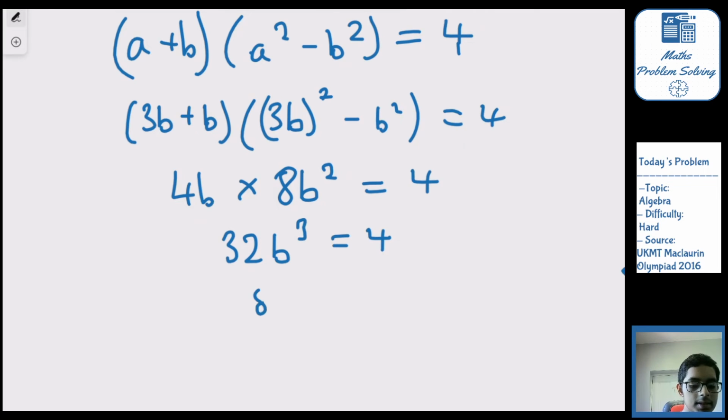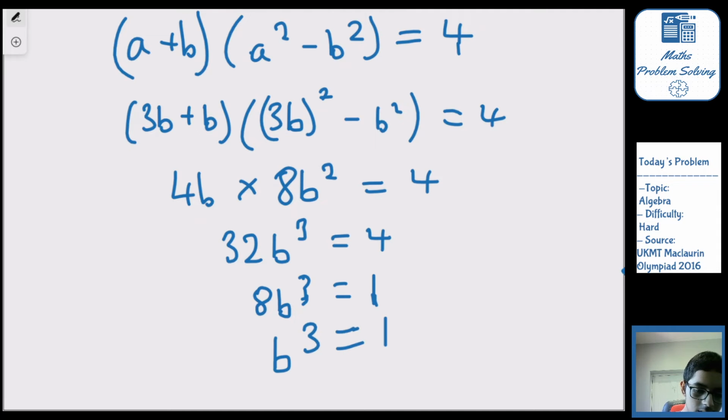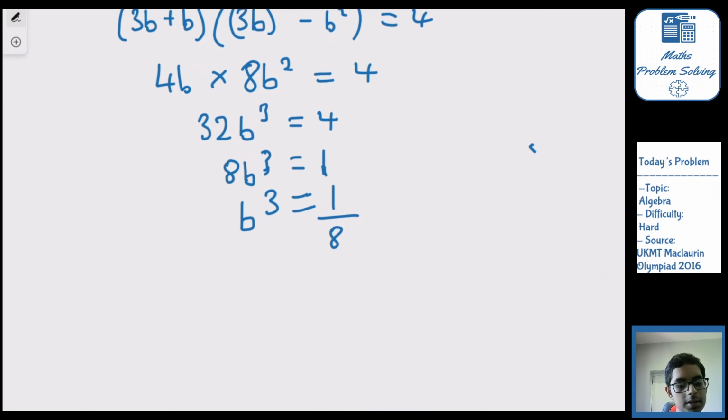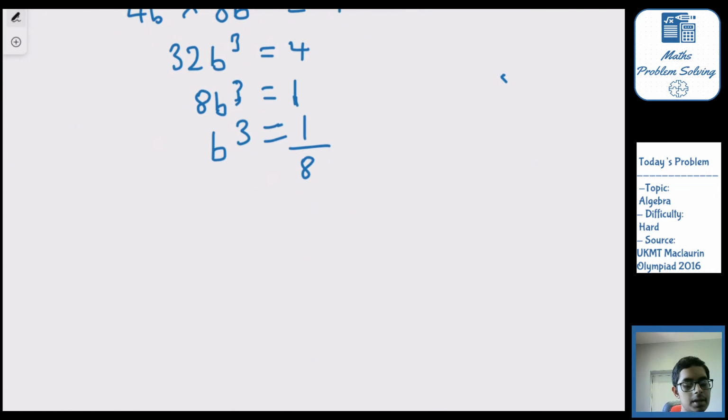And therefore 8b cubed equals 1. And therefore b cubed equals 1 divided by 8. And now if b cubed equals 1 divided by 8, therefore b must equal the cube root of 1 divided by 8, which is just a half.